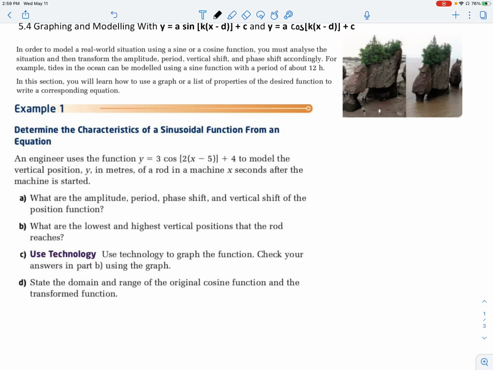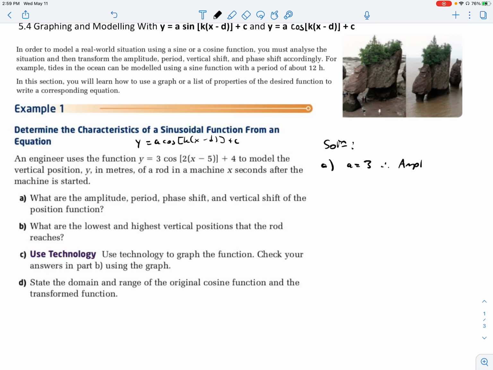So that's pretty easy. We can just compare this to our general form, and then we can get our parameters and answer all those things. So we're just going to do a solution off to the side here for now. A is equal to 3, which I got right here from the equation.